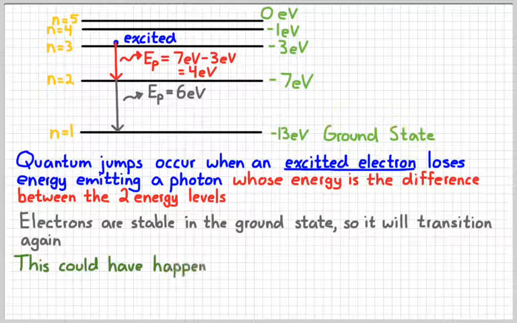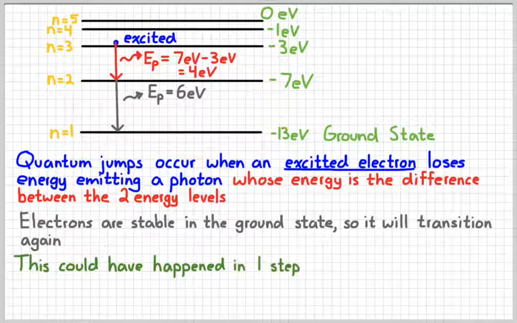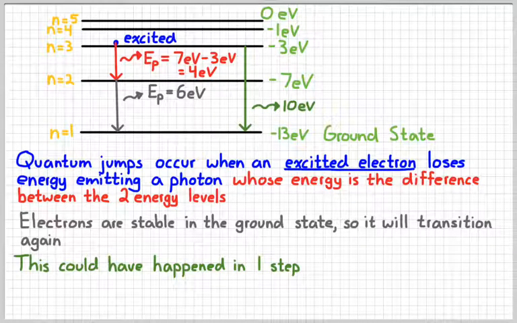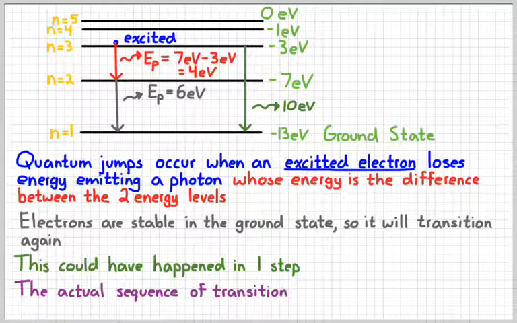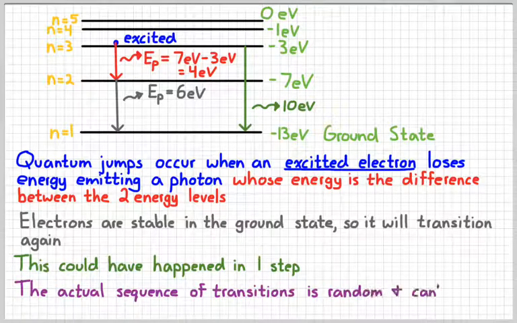Now this electron could have relaxed to the ground state in one step. That transition would look like that, in which case it would have emitted a 10 electron volt photon. The actual sequence that happens, for one given atom, is completely random and it can't be predicted.